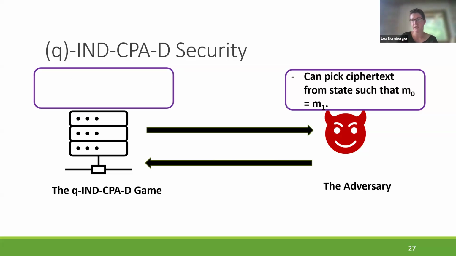So from only the message, the adversary won't learn any additional information about the secret bit B. So it sends the ciphertext to the game, the game decrypts it, and then sends back the decryption of the ciphertext, which in the case of approximate homomorphic encryption is something of the form M plus E. Now, since M0 is equal to M1, the adversary doesn't learn anything from the message, but it also obtains the noise, and it might learn something from the noise.